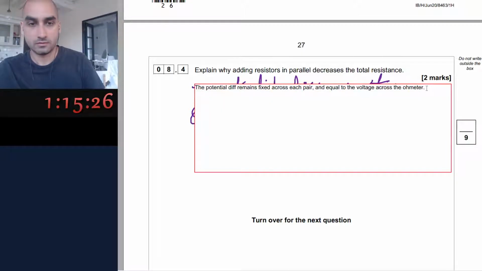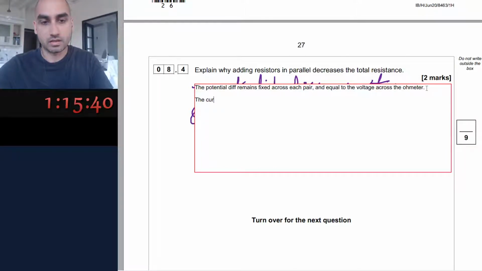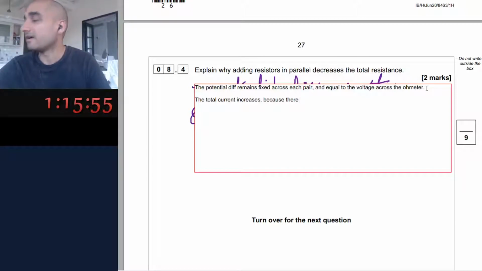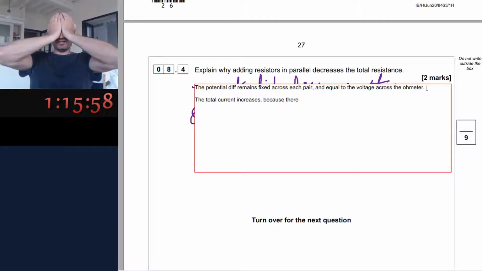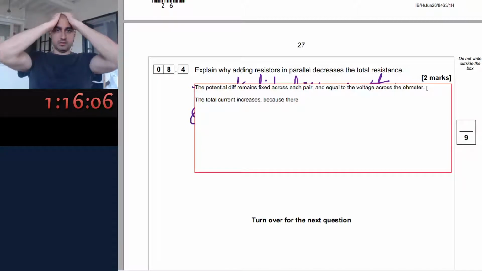So the total current increases with more resistors because... I know how it works in my head, but I can't put it into words.